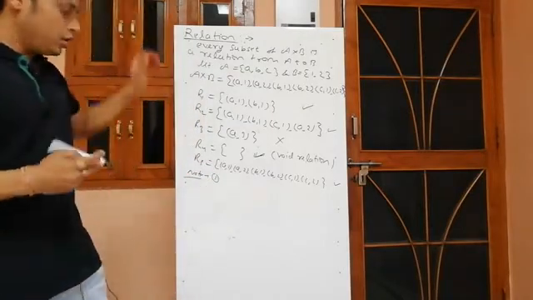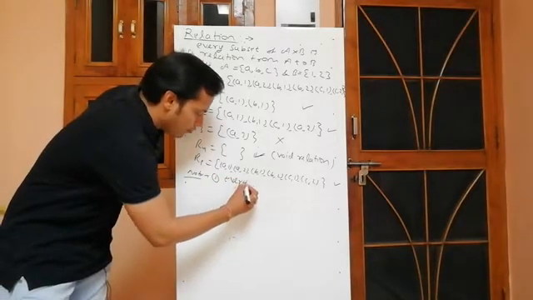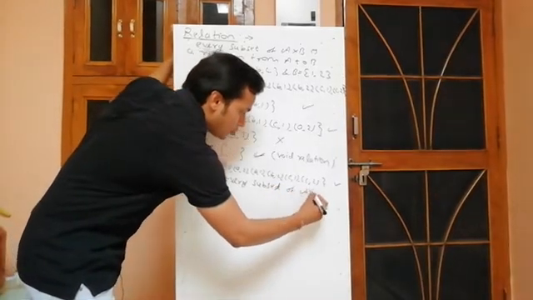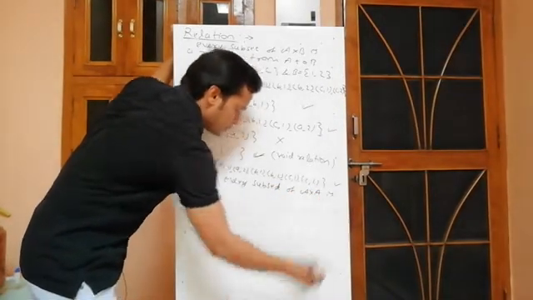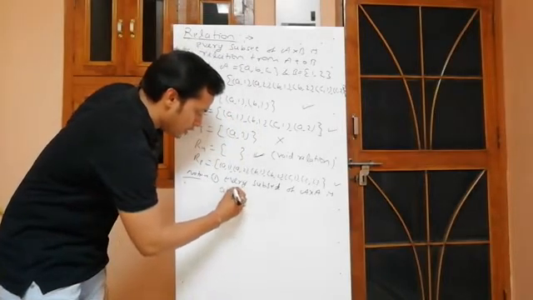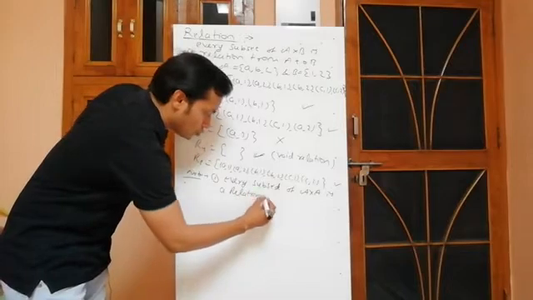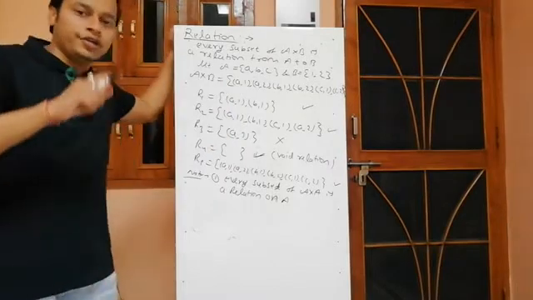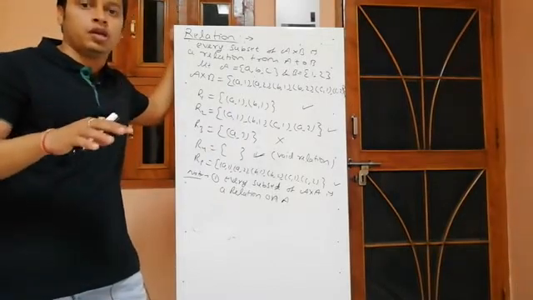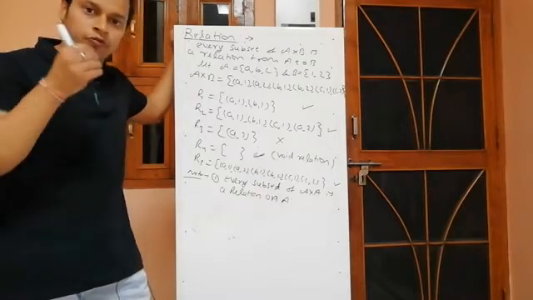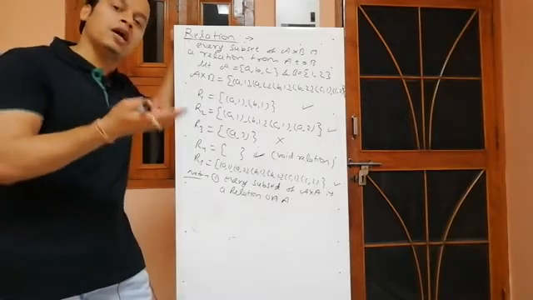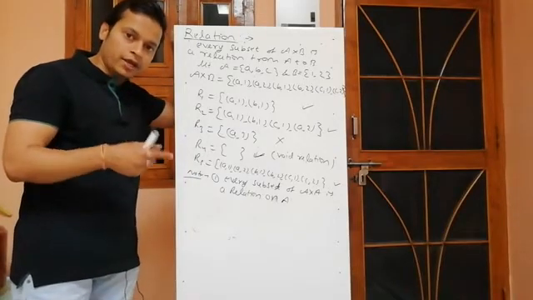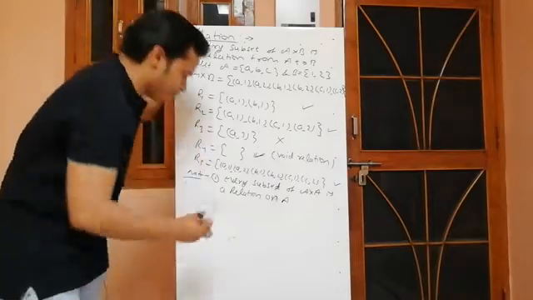First note: every subset of A cross A is a relation on A. If it is given that we have any relation on A, it means it is a subset of A cross A, so the first element is from A and the second element also belongs to A. Relation on A means a subset of A cross A. Second thing.